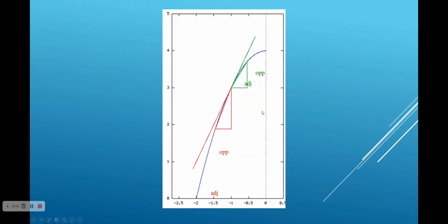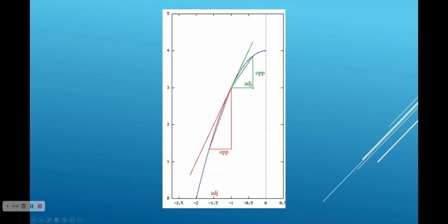Now, these opposite divided by adjacent ratios are actually giving you the slope of the hypotenuse of the green triangle in the green case and the red triangle in the red case. And what happens, it turns out, is that the triangles get smaller and smaller as this point up here gets closer and closer to the point of tangency, and the point down here closer and closer to the point of tangency.